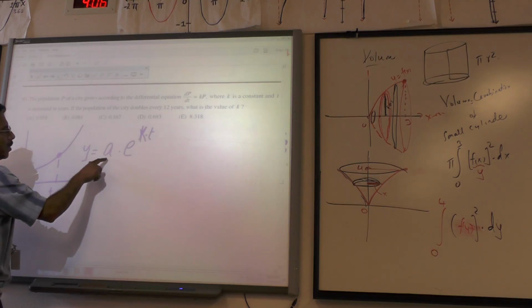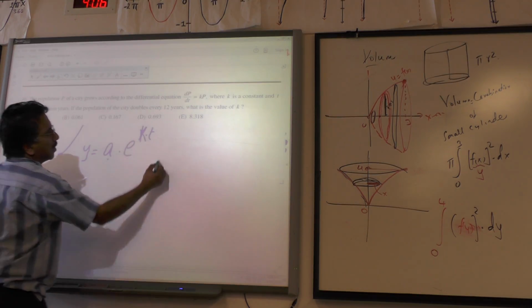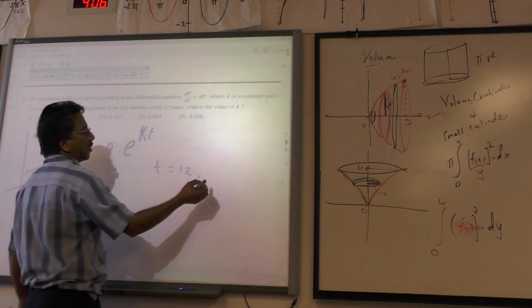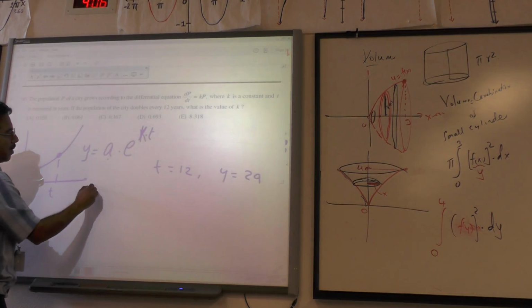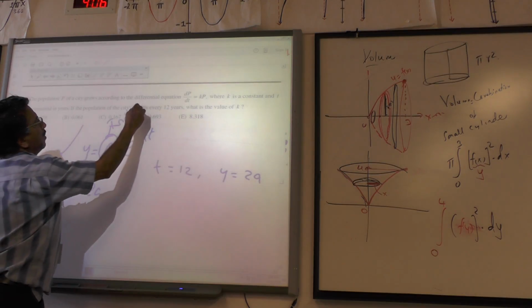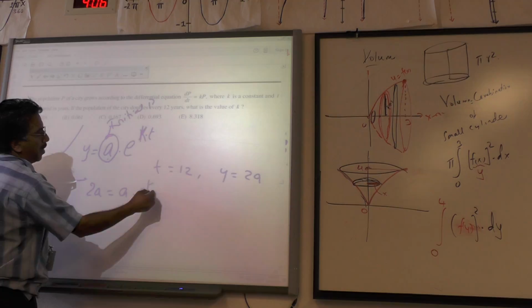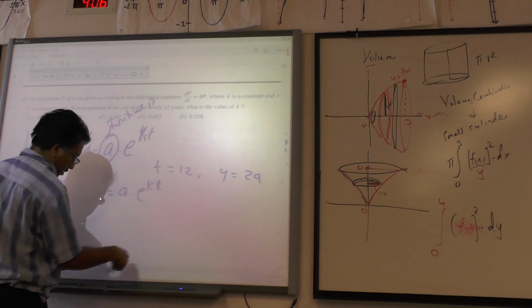Now this is a. In 12 years, let's see, in 12 years t is 12, the population grows double, it means y is 2a. This a is the initial population. So 2a equals a e raised to kt, and t is 12 here.